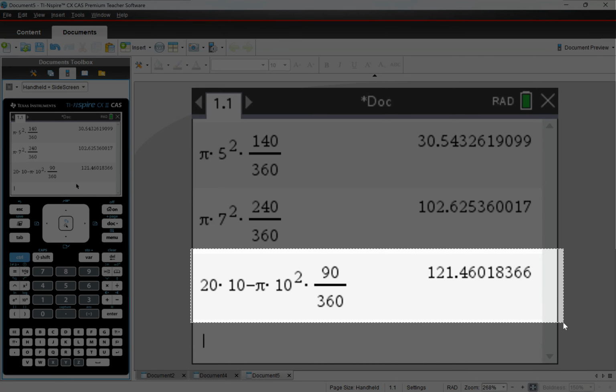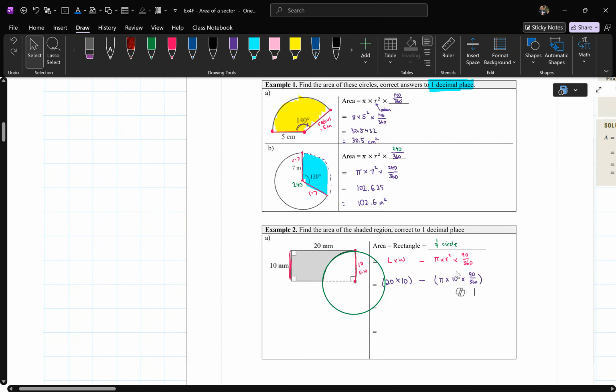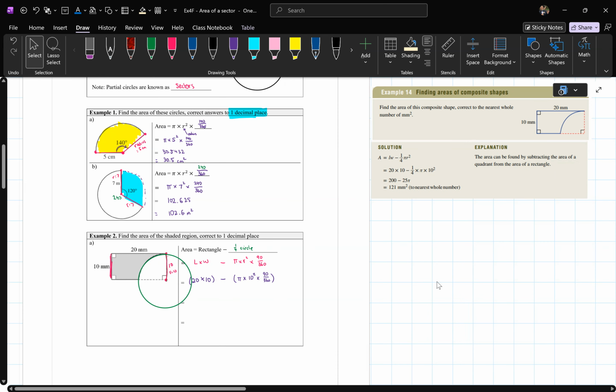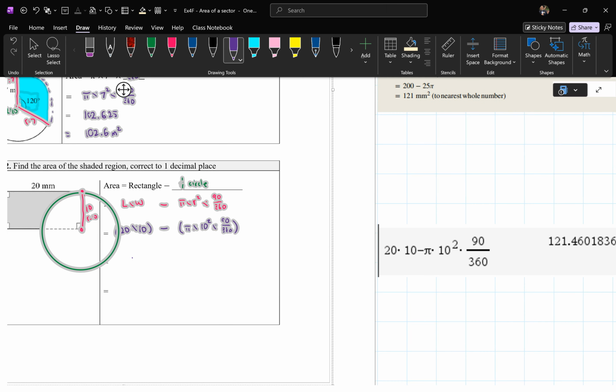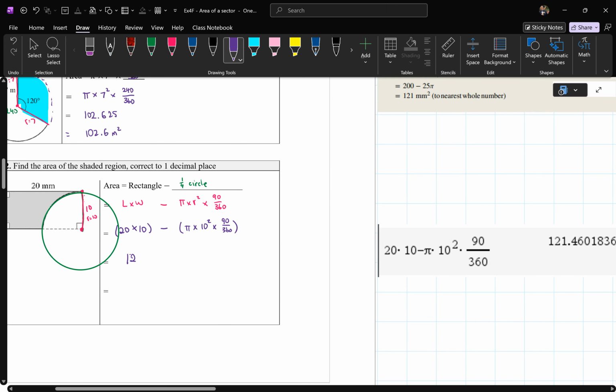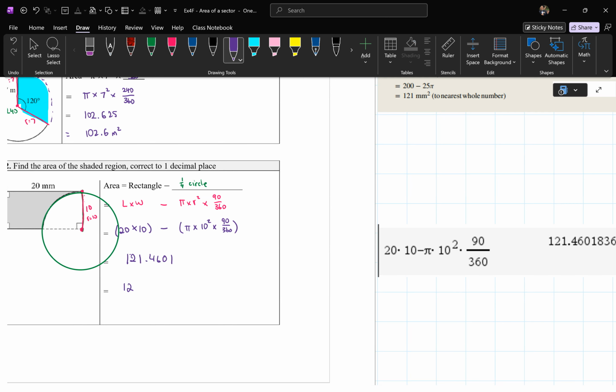With your calculator, here we go. I'm just going to paste it over here. So your answer should be 121.46.